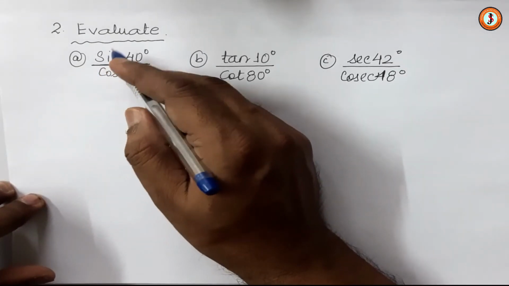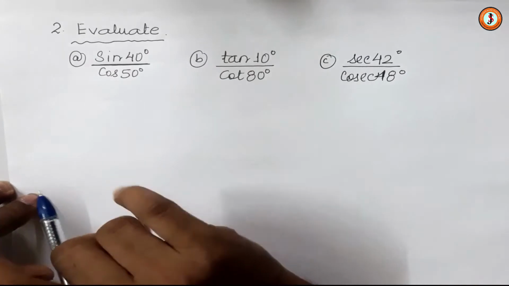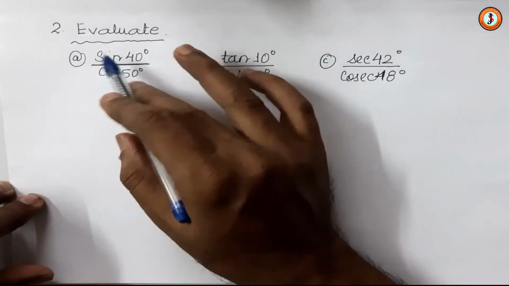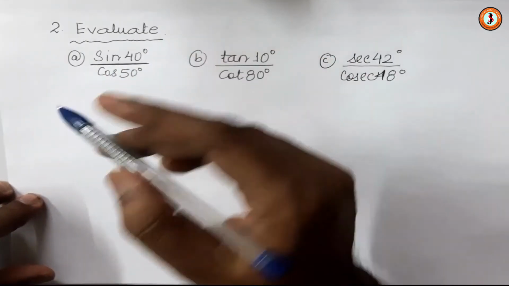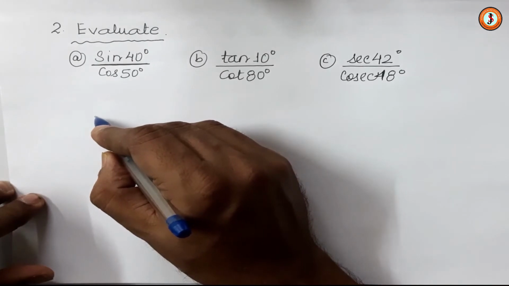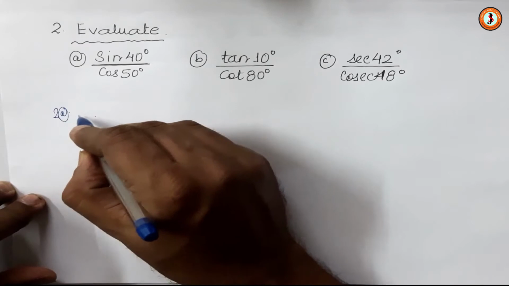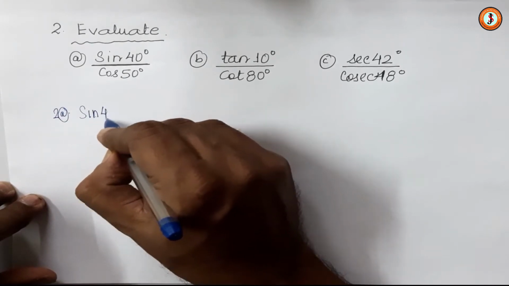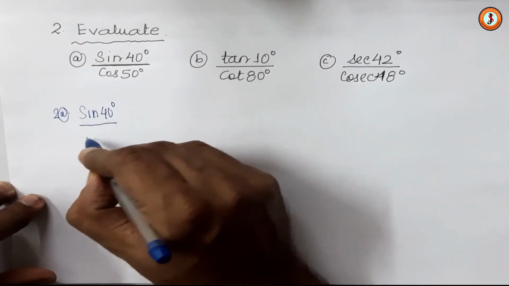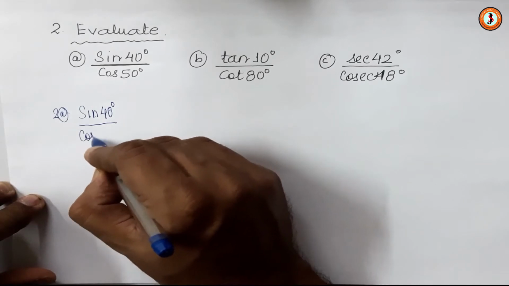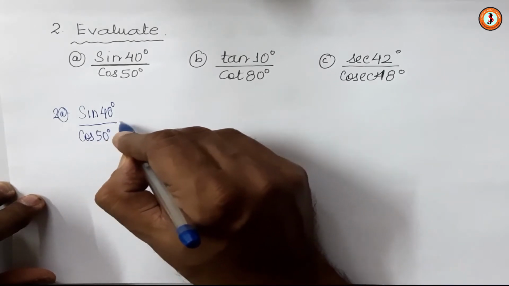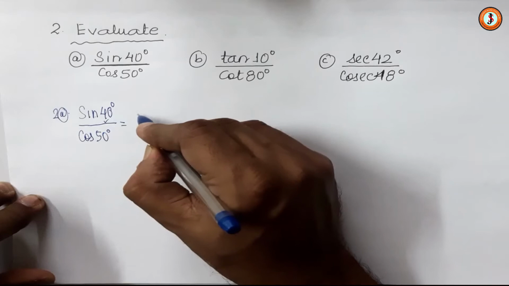If I have to convert one in the form of the other, one I have to change. Sine can be changed into cos, and then we can see what happens. So the first question is 2a, sine 40 divided by cos 50. I am changing this, so I can write it.